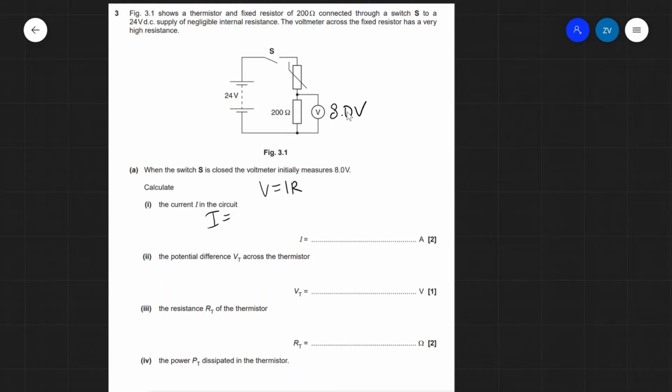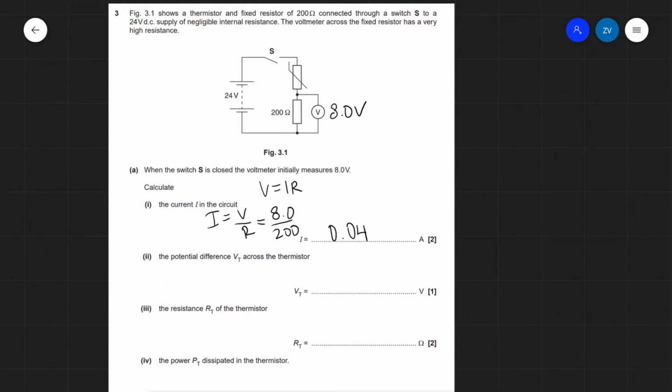We get that I is equal to V divided by R, which is going to be equal to 8.0 divided by 200, which leads us to a current of 0.04 amps.